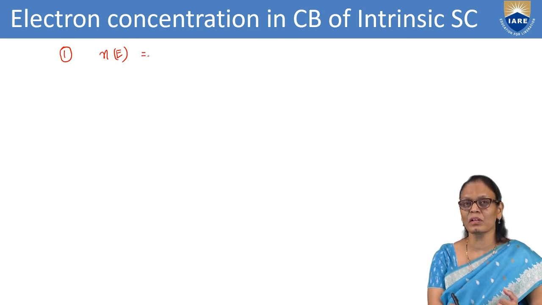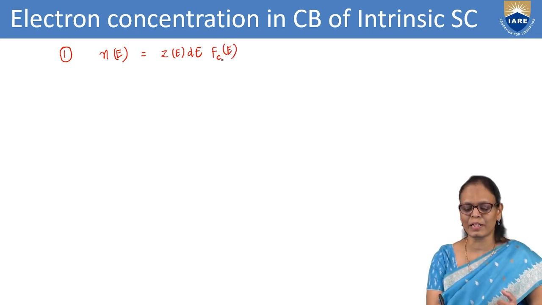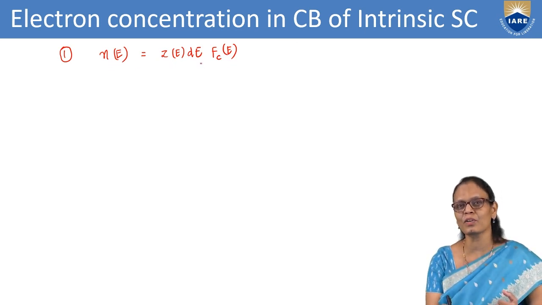That can be obtained by multiplying the density of states with the Fermi Dirac function, which gives the probability. This is the first stage.